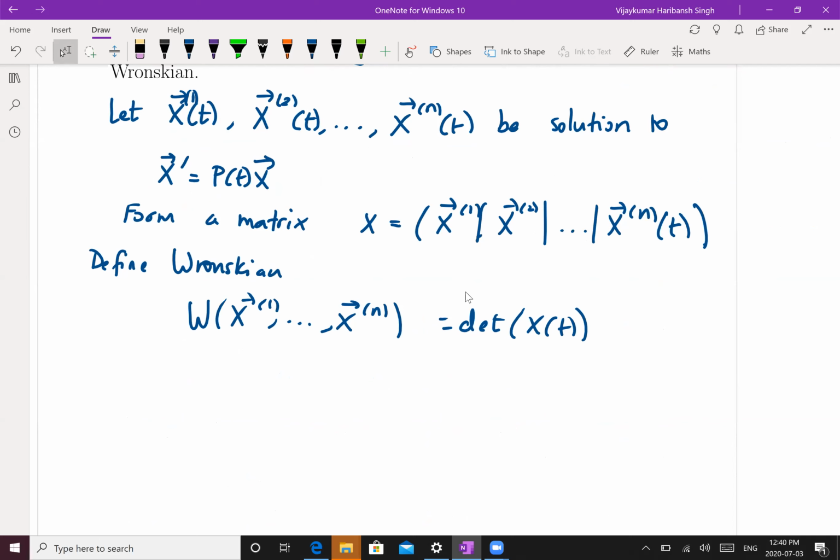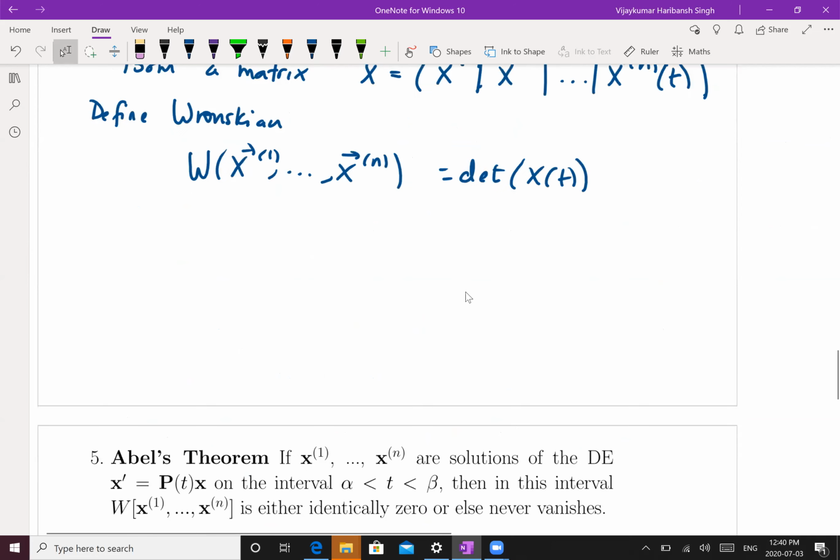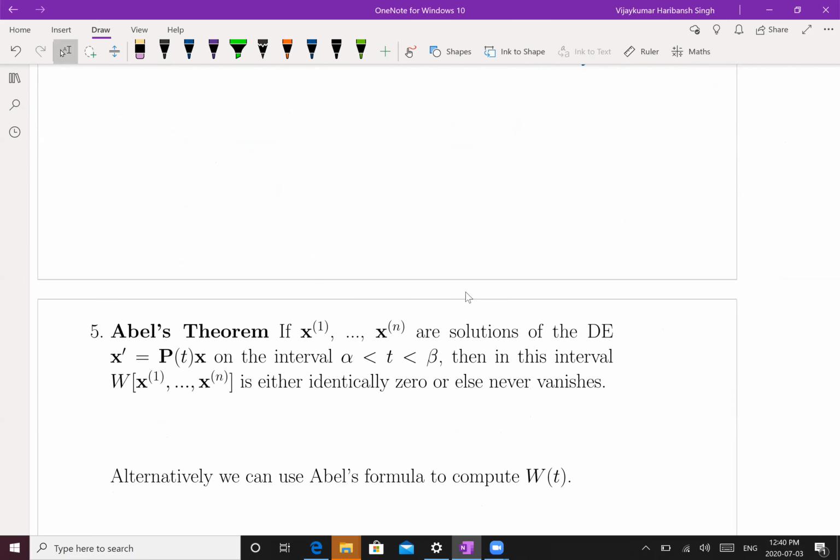So now, how do we find this Wronskian? We have to compute this determinant. There is a variation of Abel's theorem here as well. Abel's theorem says the following. Suppose x1, ..., xn are solutions to the DE x prime equals P(t)x, where the xi's are n cross 1 vector functions to be precise.